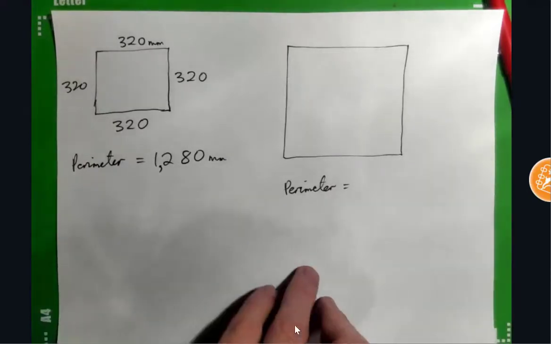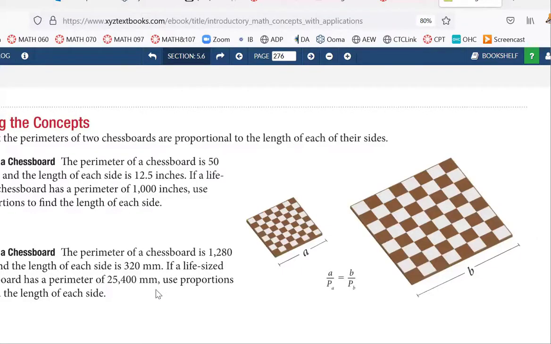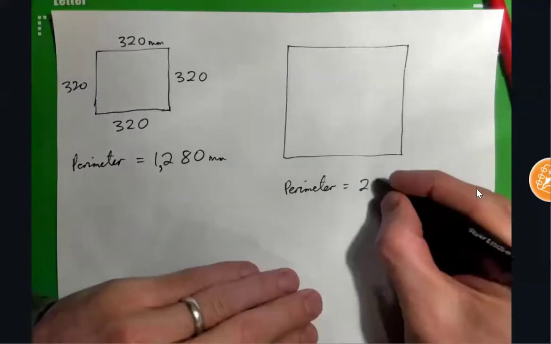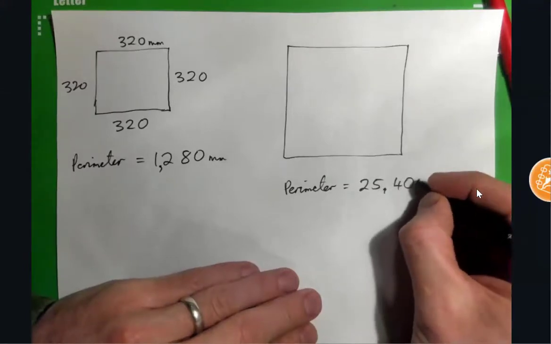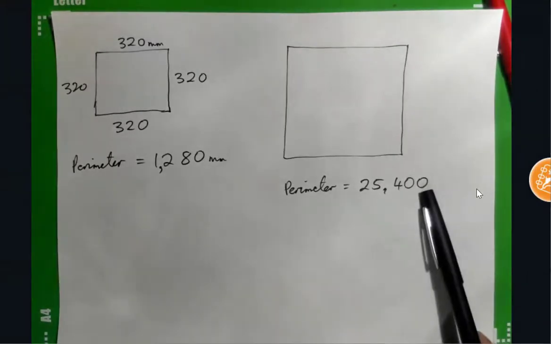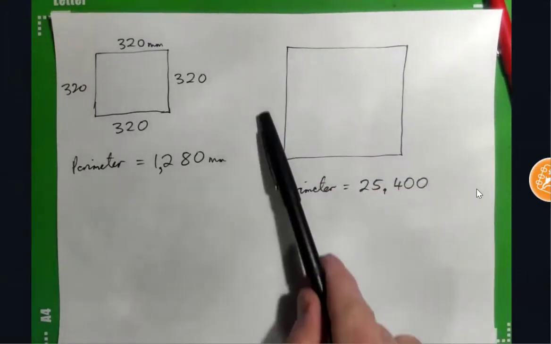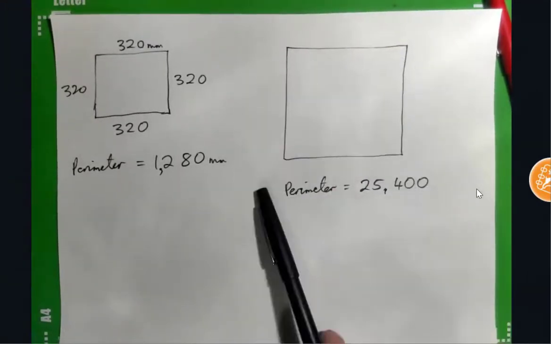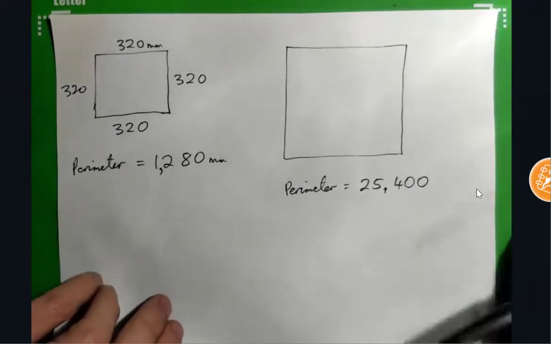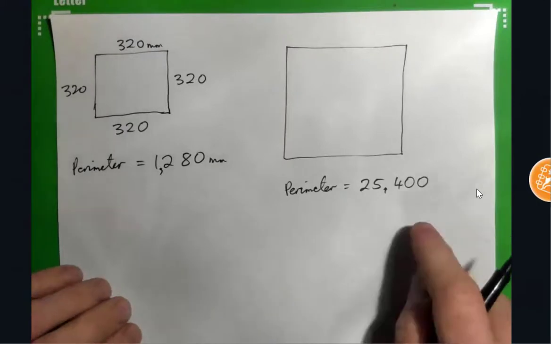The perimeter was 25,400. So all the way around is 25,400, but it has 4 sides, and each side is equal length, right? So what do you want to do to get the answer? I can divide 25,400 by 4.